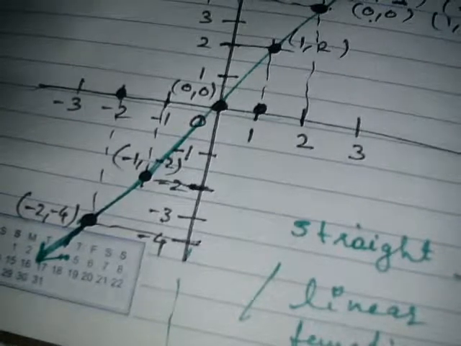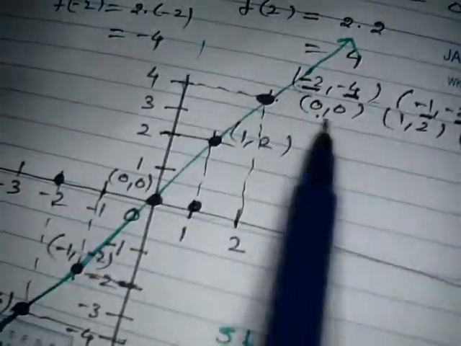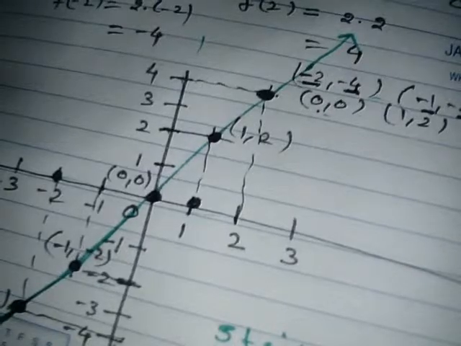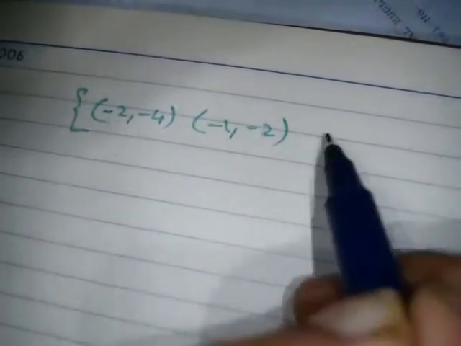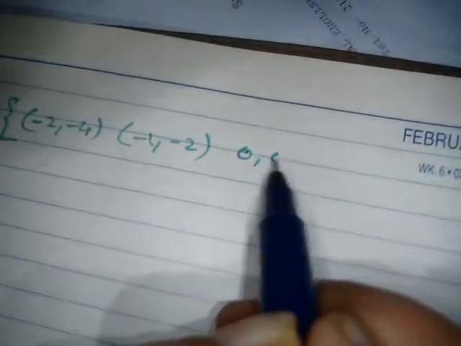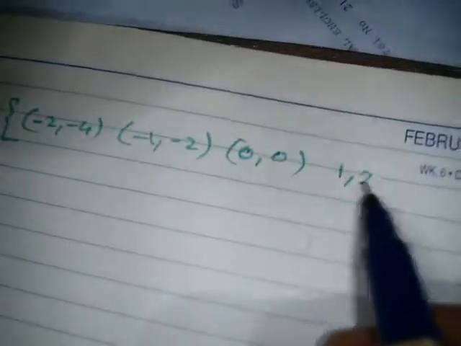Now suppose I write these ordered pairs inside curly braces. The ordered pairs were: negative 2, negative 4; negative 1, negative 2; then 0, 0; 1, 2; and 2, 4. These are the ordered pairs I have written inside the curly braces.